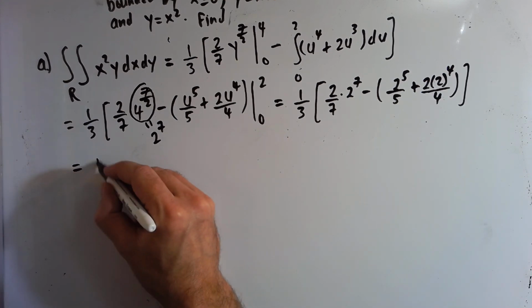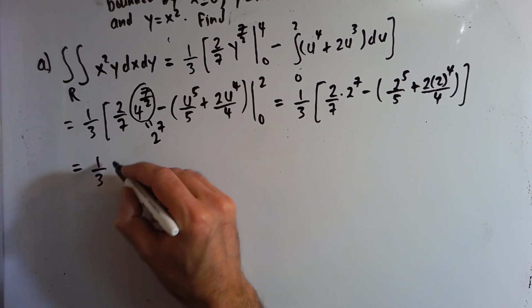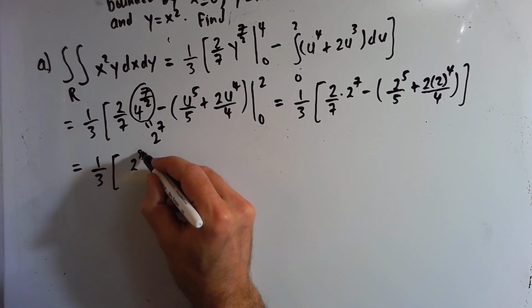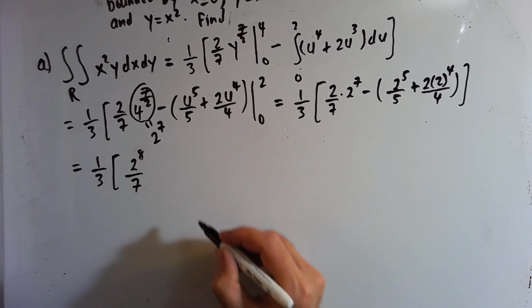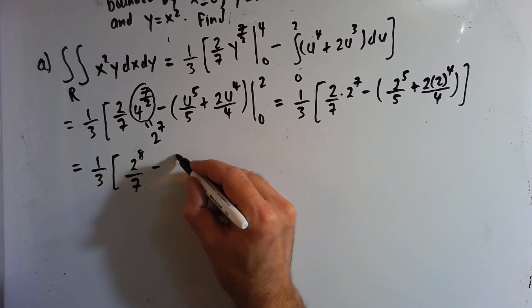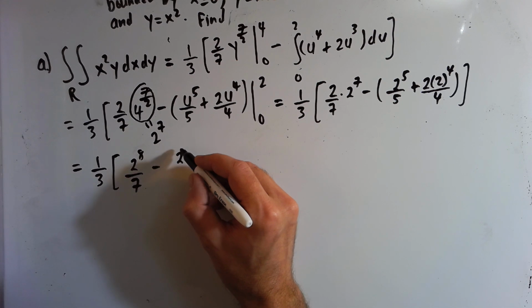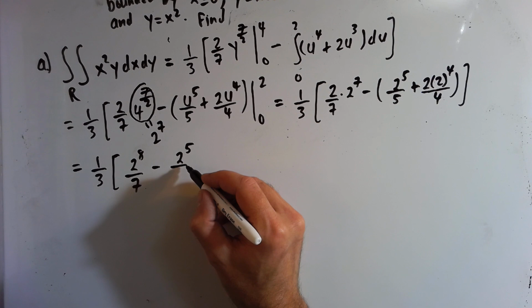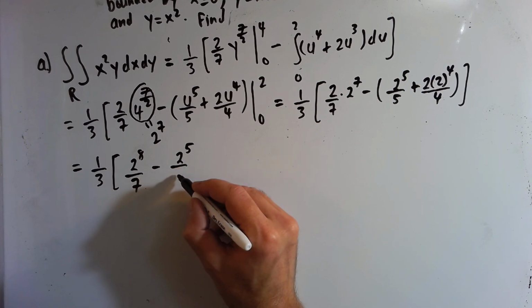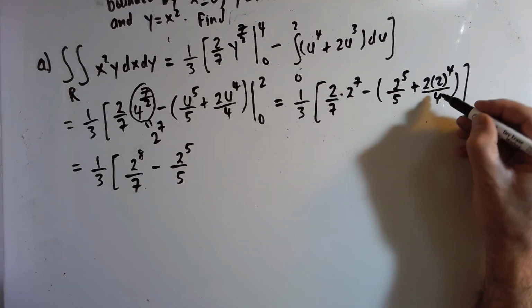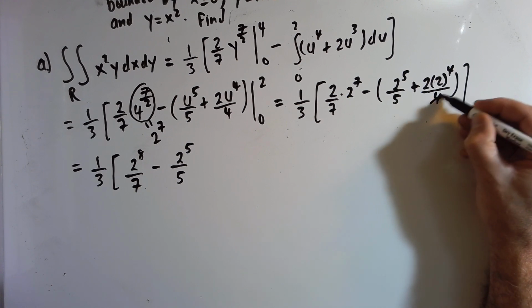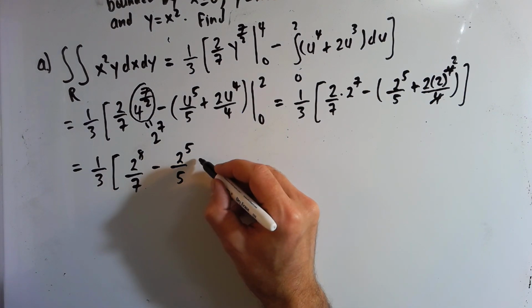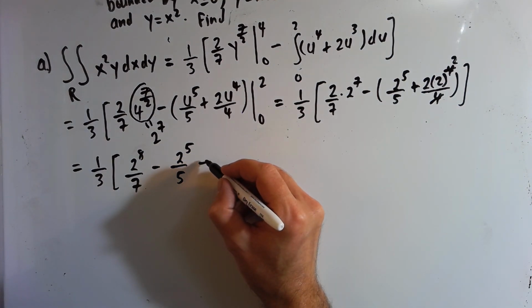So it'll be 1/3 times 2 to the 8th over 7, then minus 2 to the 5th over 5. Then this is 2 squared, so you can cross this off, and this will become a 2 up here. So this will just become 8 in here. So it'll be minus 8.